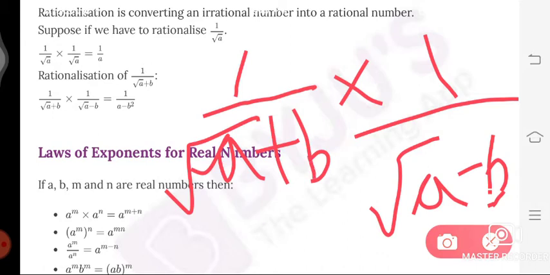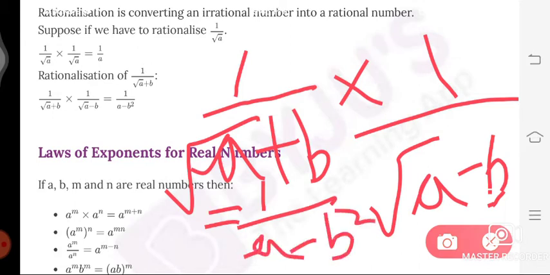If it's minus, then it will be converted to plus. If it's plus, then it will be converted to minus. And now multiply it, and the answer will be 1 by a minus b square.